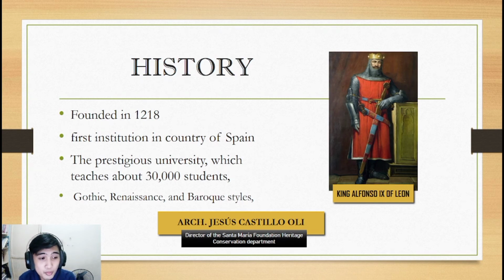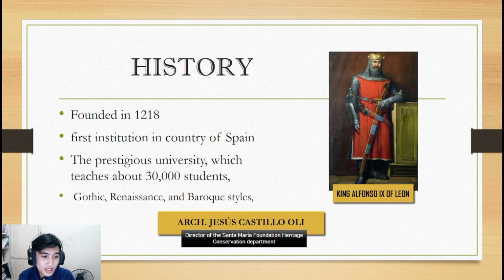It means this is one of the oldest universities in the world in continuous operation. Also, it became the first Spanish university to offer language courses to foreign students, with a Spanish language program in 1929. The third one is that it is a prestigious university, with about 30,000 students.